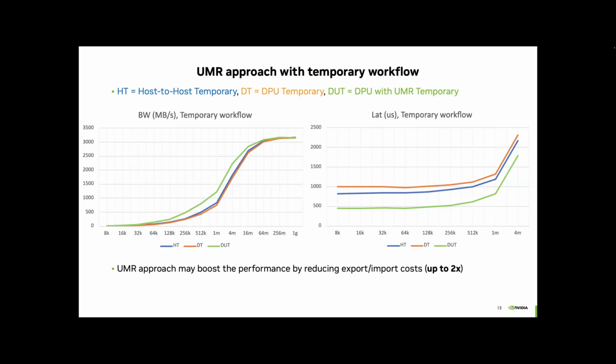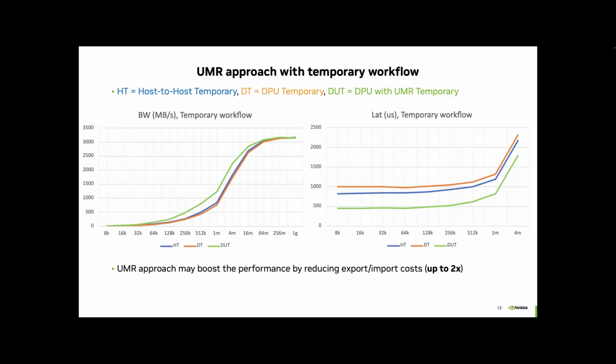So is it the case that in each iteration, you're actually releasing the host buffers? Yes, of course. On each iteration, we release and we create a new one for the next iteration. So it would mean that packing, that atomic bit, is actually showing up in the critical path for each iteration. This is why host to host is actually more expensive than the DPU with UMR. Okay, that makes sense. Yes.